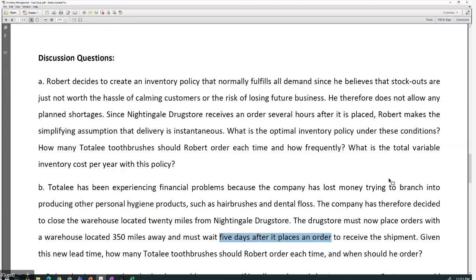So what exactly does this 5 days mean? They have to procure from a different warehouse, which is 350 miles away. Because this is far away, it will take 5 days between the time of order and the time of receiving the shipment. So what exactly is this 5 days?